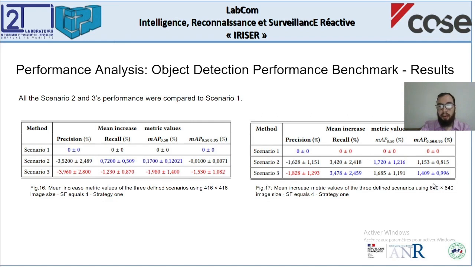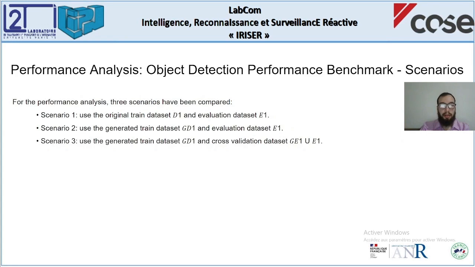In relation to a greater resolution, as we can see here, we see a better increase in scenario 2 for the mean average precision, of 1.72. However, we can observe a better improvement in its metric values in relation to scenario 3, with the generation and the cross-validation one.